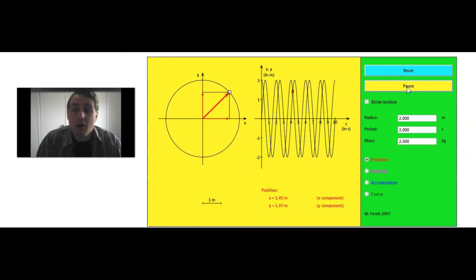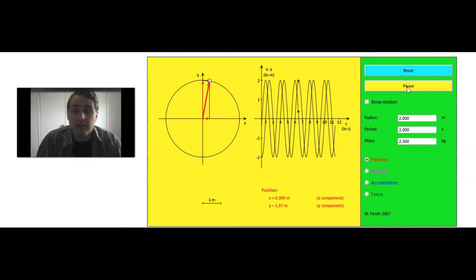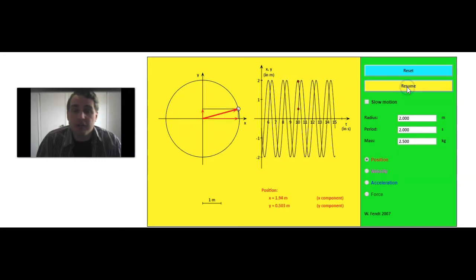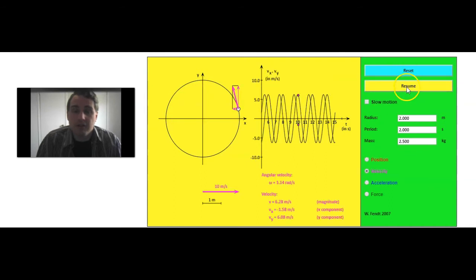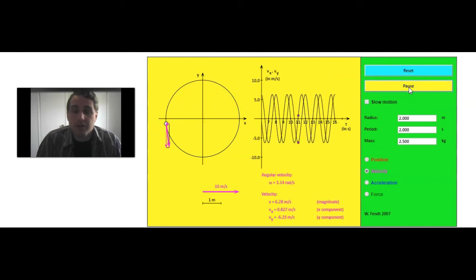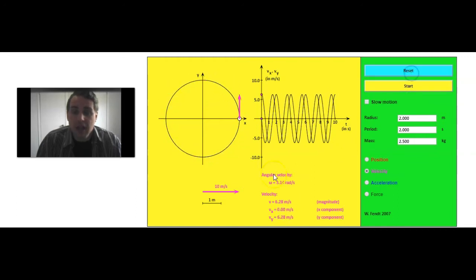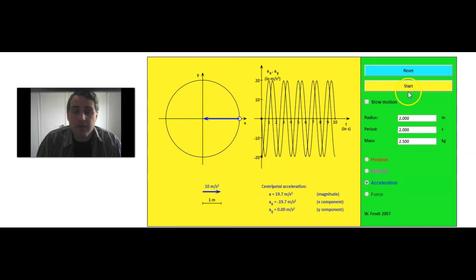So the period is now only 2 seconds for this thing to make one full rotation. Let's look at the velocity vector. Okay. Notice the velocity vector is faster for sure. And indeed also the acceleration vector is quite a bit larger. The centripetal acceleration is quite a bit larger.